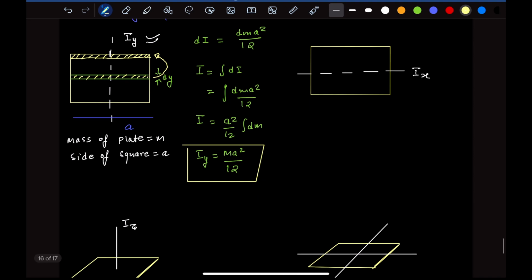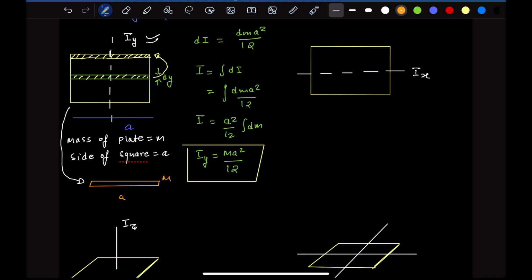So effectively, I can say that this square plate is equal to a rod, and the rod will not have any dimension, just one dimension, the length. So the length of the rod is equal to the side of the square, that is a, and the mass is m.